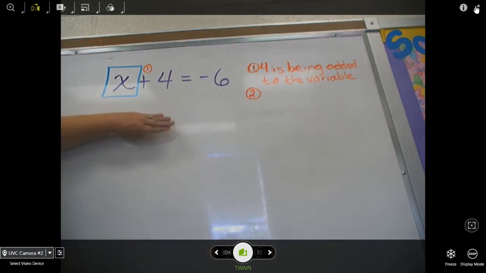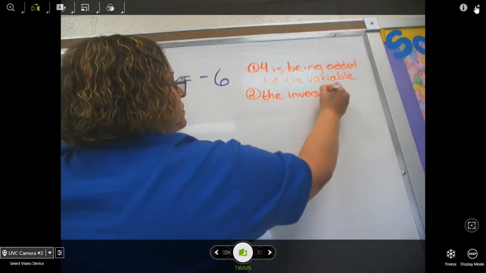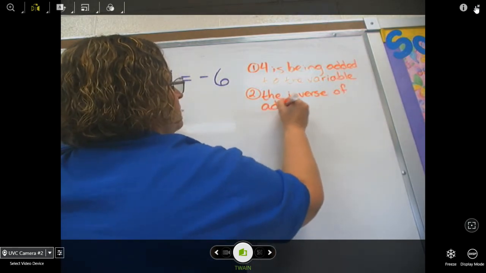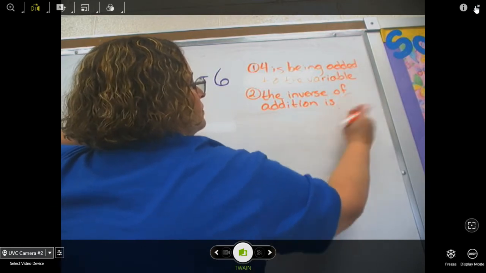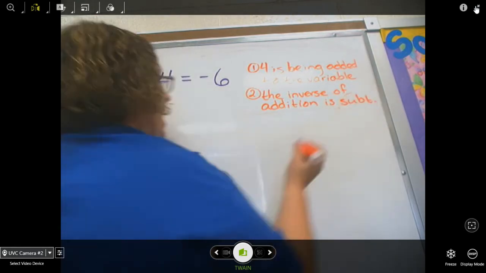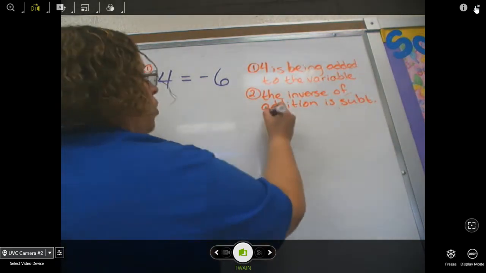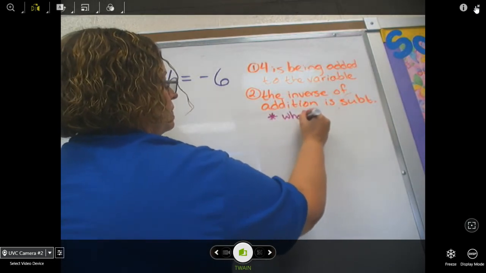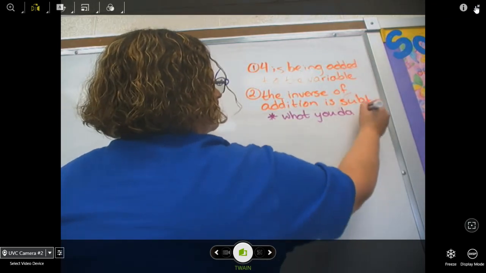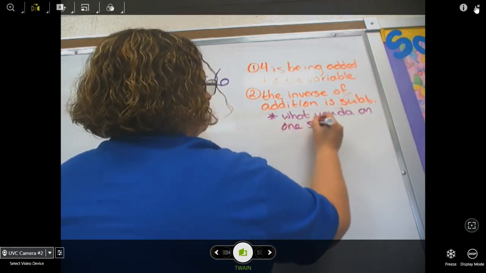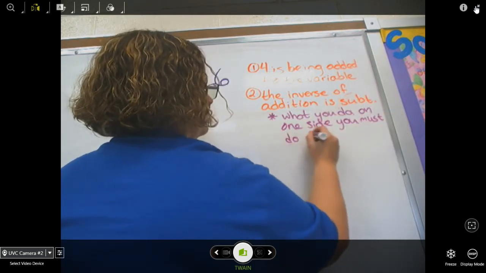The second thing that we have to remember is the inverse of addition is subtraction. Now, remember what we've been talking about before. What you do on one side, you must do on the other.